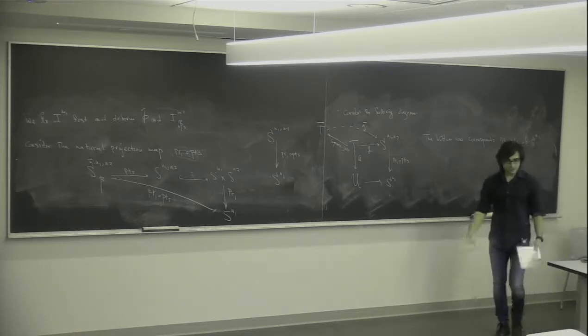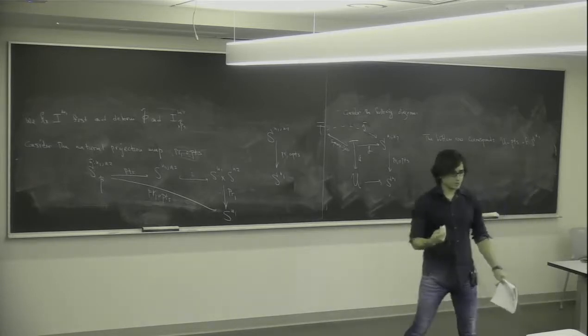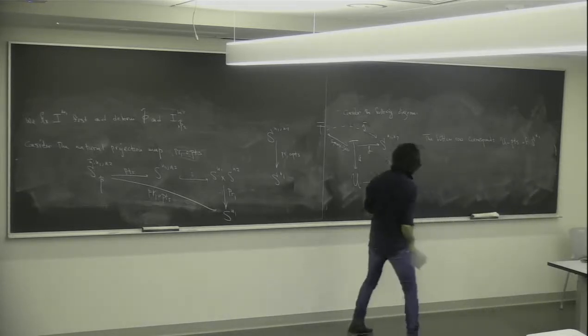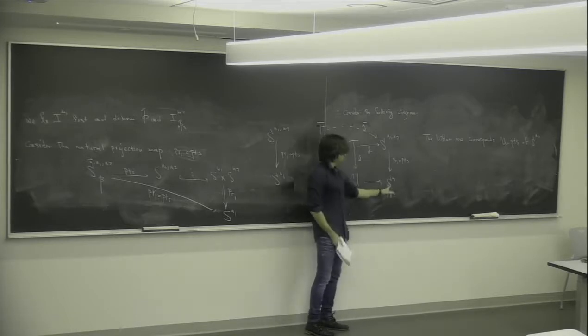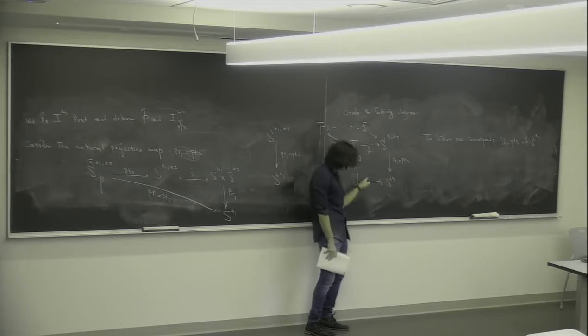Hilbert schemes are moduli spaces. The very property of a moduli space by its construction is that when you have a map from a scheme, this is a scheme over complex numbers, this is a scheme over complex numbers. However, this scheme is a parameterizing scheme. It's like a functor that you feed with schemes over the complex numbers, and it gives you families parameterized by that scheme. If I have a map from U to here, naturally every point in here will correspond to a point over there. So this map gives you a U-family of ideal sheaves of points on the actual surface.